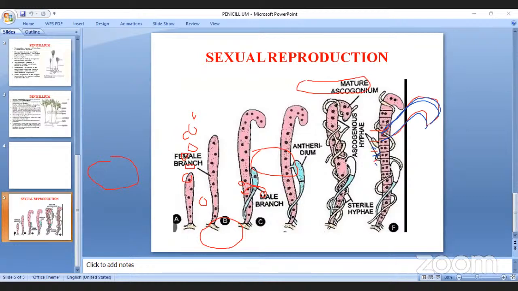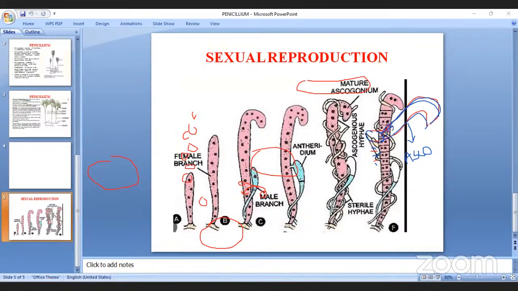From any one cell with two nuclei, one specialized branch develops, called the ascogenous filament. After formation of the ascogenous filament, these two nuclei enter into it.